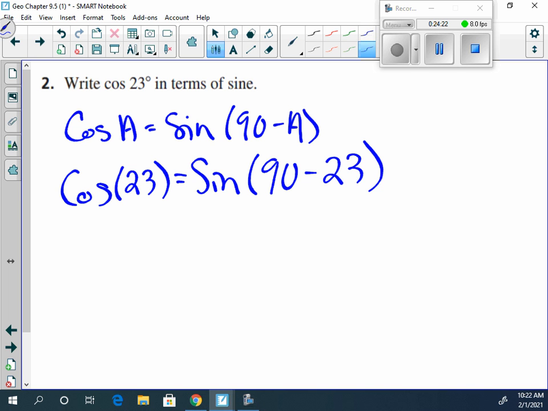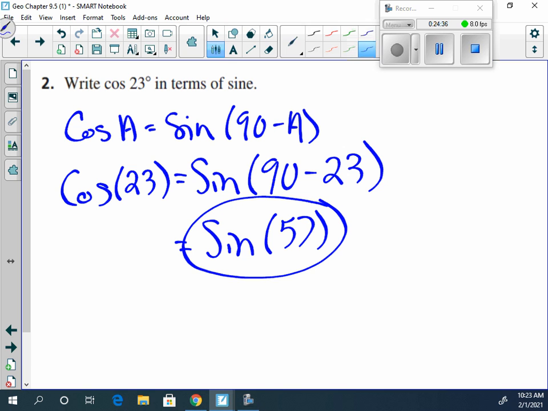So for us here, it's going to equal sine of 90 minus 23, and that's our answer, sine of 67. Questions on this here? We good with this here?